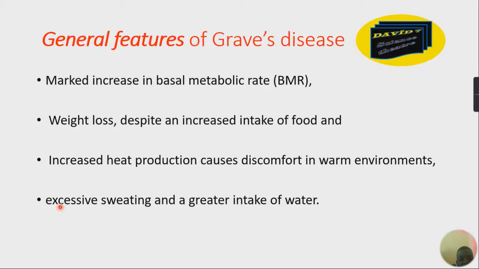Another general feature is that there is excessive sweating and a greater intake of water. Water is highly lost in evaporation as heat rises, so thirst centers are activated when cells get dehydrated, and so there is excessive intake of water.